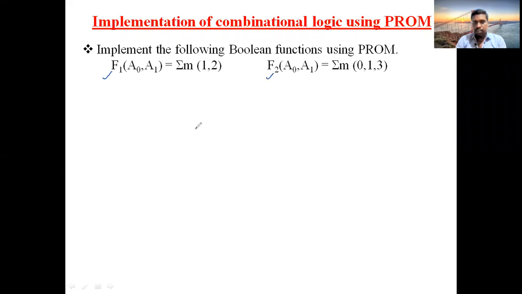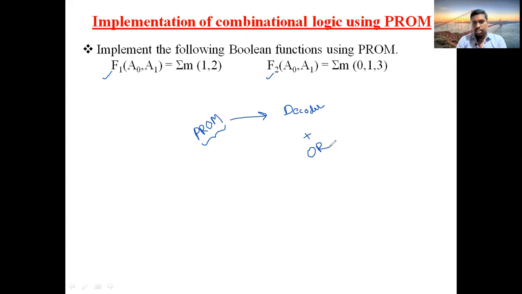Whenever a question is asked related to PROM, you should remember that it is the combination of a decoder, and this decoder is to be linked with OR gates, decoder plus group of OR gates.